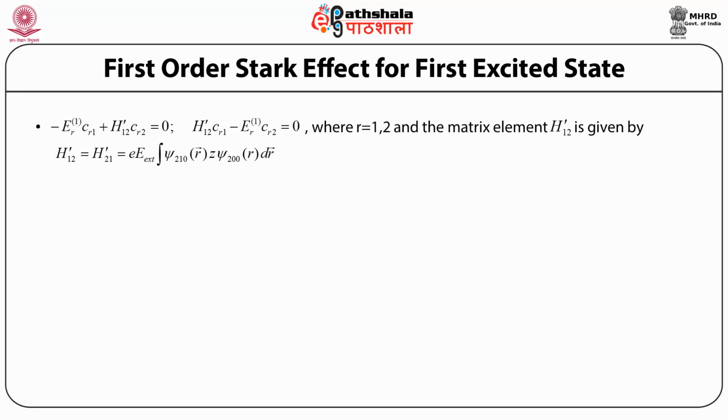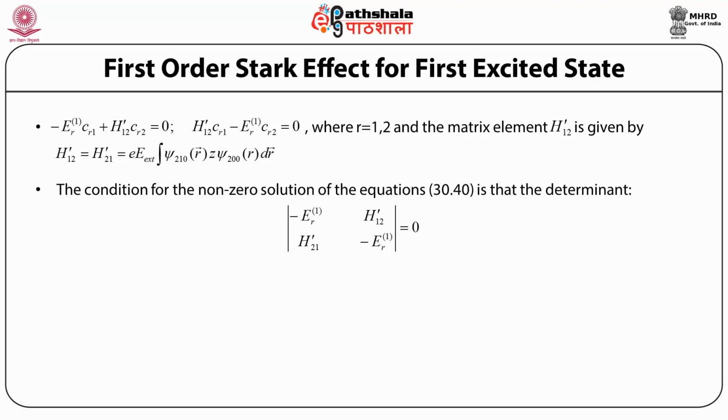These are minus E_r1 C_r1 plus H12 prime C_r2 equals 0, and H12 prime C_r1 minus E_r1 C_r2 equals 0, where r equals 1, 2, and the matrix element H12 prime equals H21 prime, which equals e E external times the integral of psi 20r z psi 200r dr. The condition for a non-zero solution is that the determinant with entries minus E_r1, H12 prime, H21 prime and minus E_r1 equals 0.